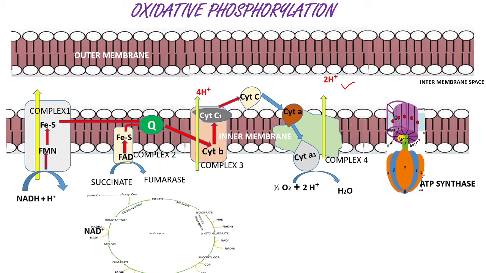They can enter only through the pore of ATP synthase. When these protons enter through the pore into the matrix, it causes the rotation of this ATP synthase in a clockwise direction.